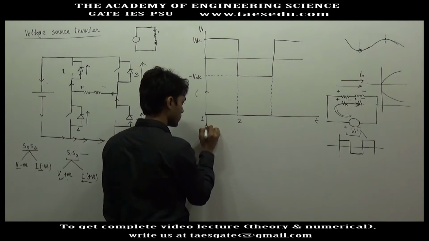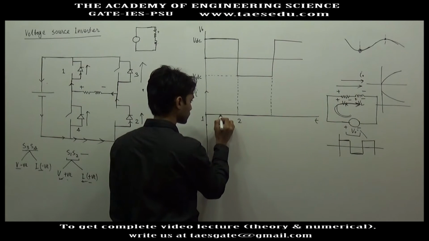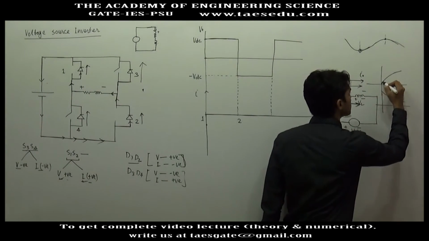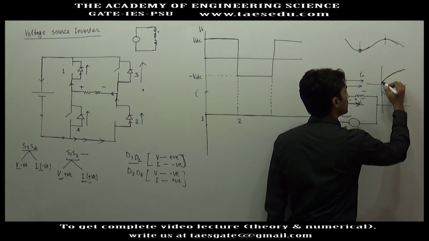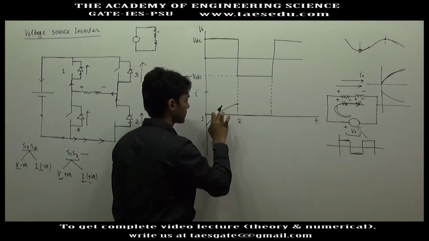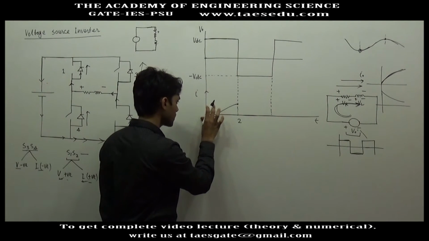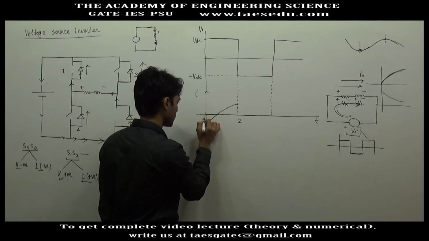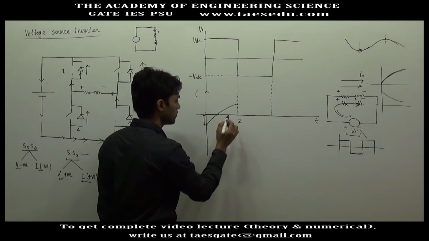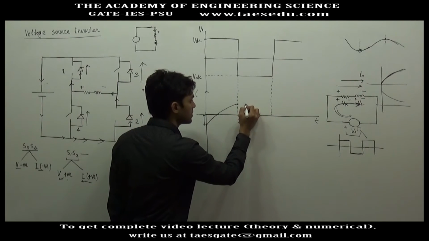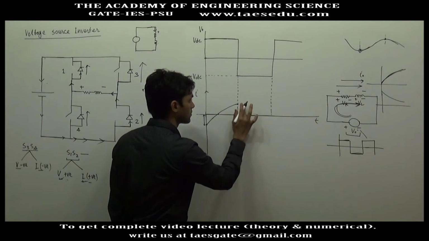So I'm first plotting it, and it has to rise this way only. In the first order circuit, inductor current rises this way. Okay, I have drawn this type of graph. In this graph I have maintained the minimum value, the negative value of current, same as the positive value of current.